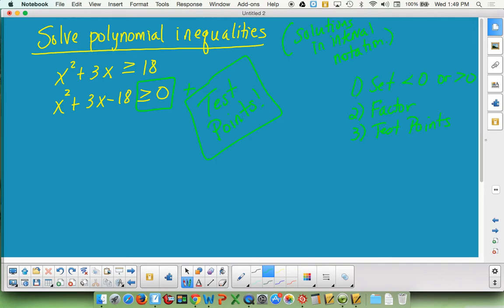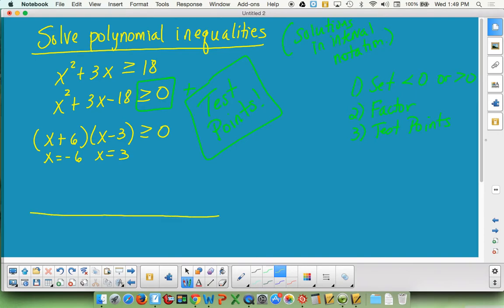So, I need factors of 18 that will get me a 3 in the middle. Well, I think plus 6 and minus 3 are going to do the trick. And so relatively easily, I can solve that and see that negative 6 and positive 3 are the numbers that will make it equal 0. Therefore, those are the numbers which go on our number line. Be sure you put them on the number line in numerical order.